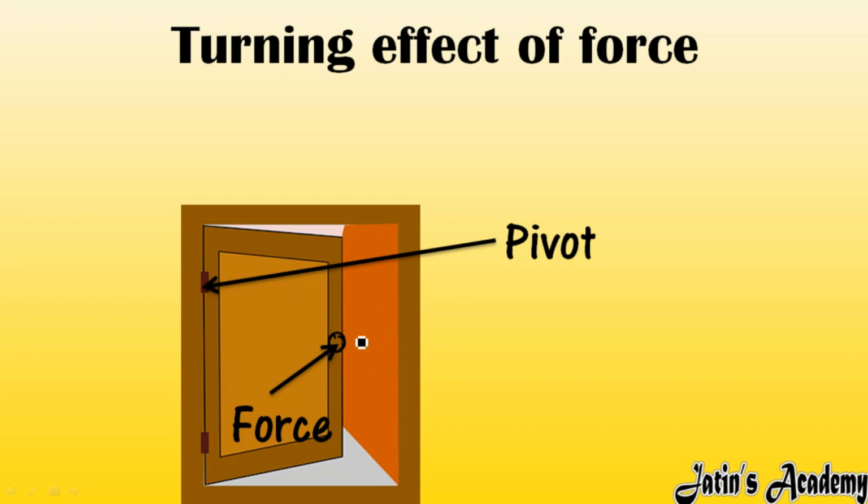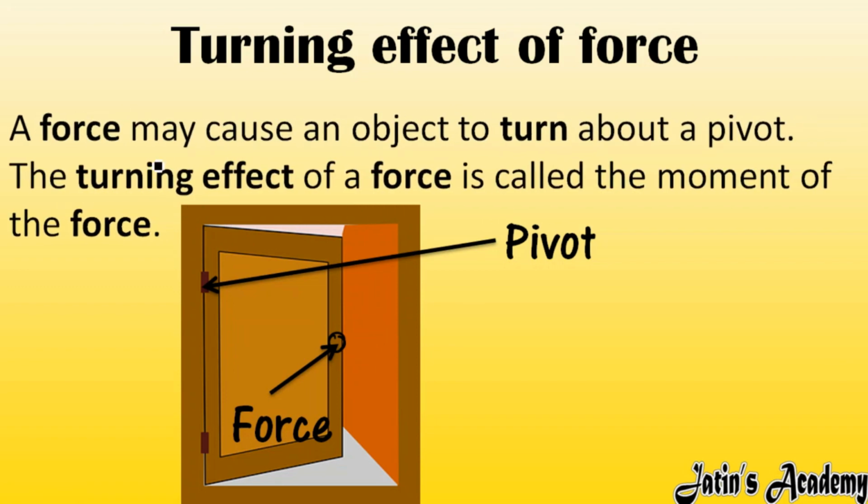Now let's see the definition. The definition is: a force may cause an object to turn about a pivot. Means whenever we apply force to any object and that object starts turning about the fixed point, that is known as the turning effect of force. The turning effect of force is also called moment of force, and one more name is there, that is torque.